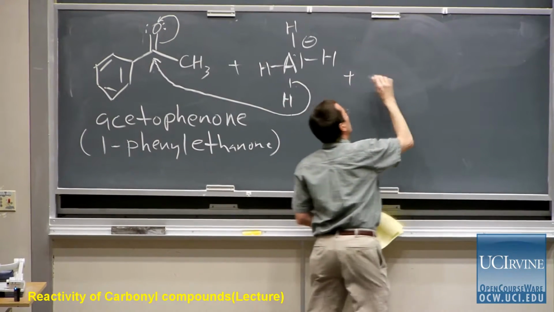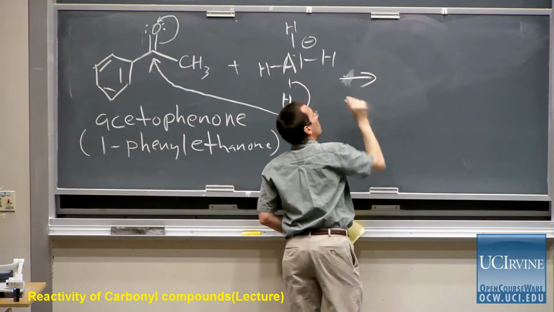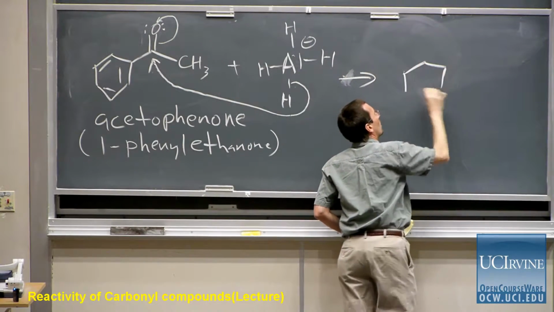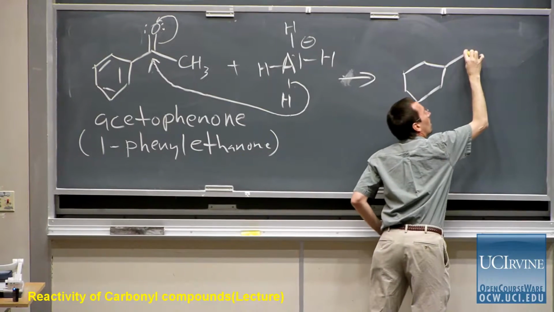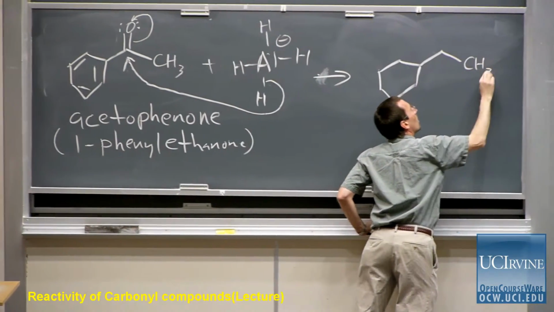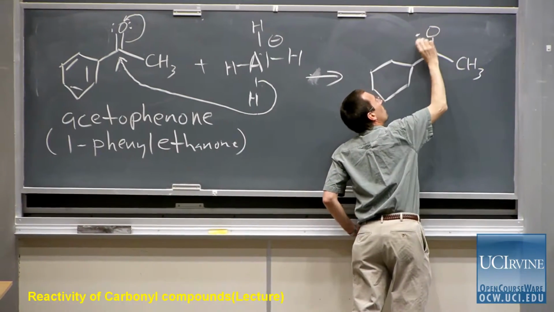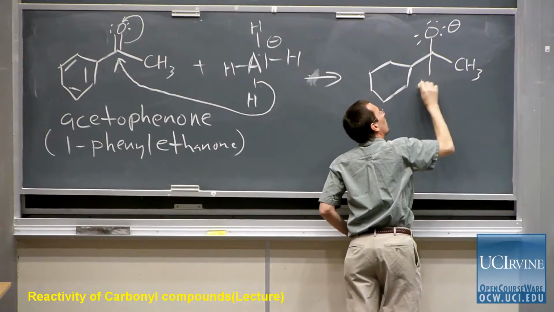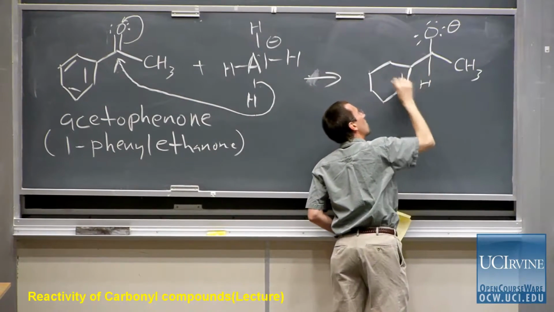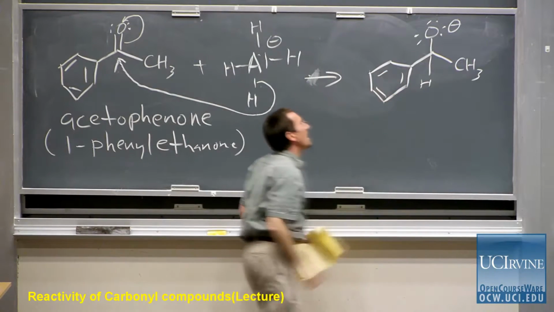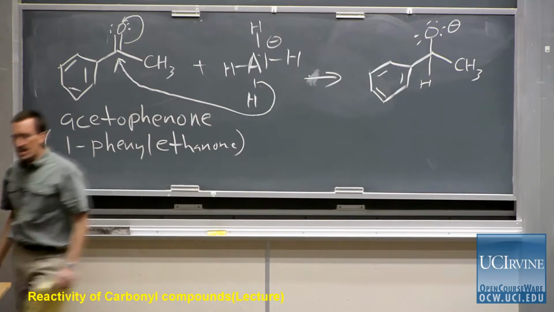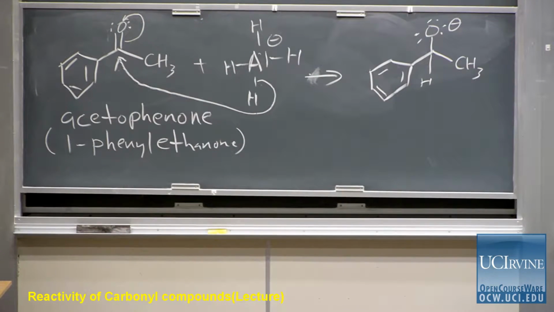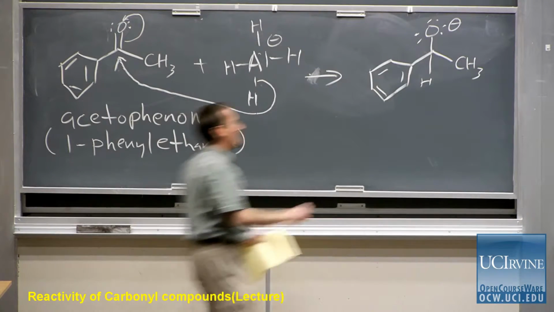And so when all is said and done, we end up with the alkoxide anion. And for now, at least, I will be good at drawing in my hydrogen. And in addition to this, we have a lithium cation.